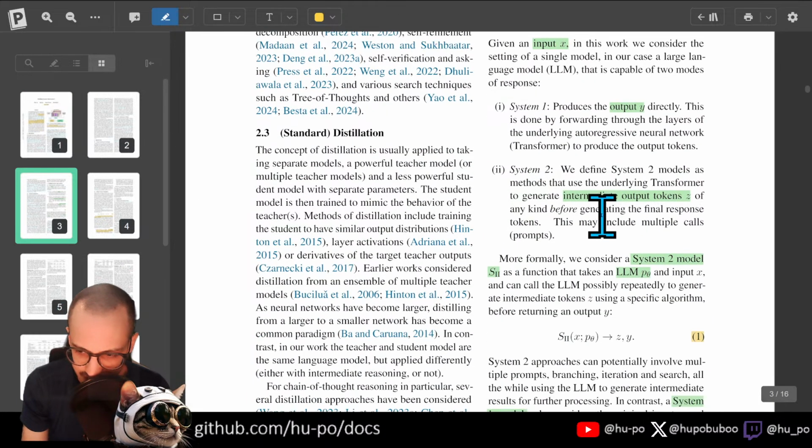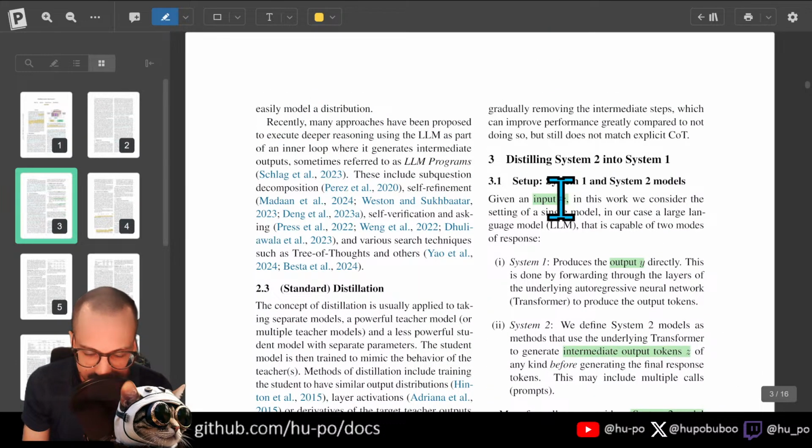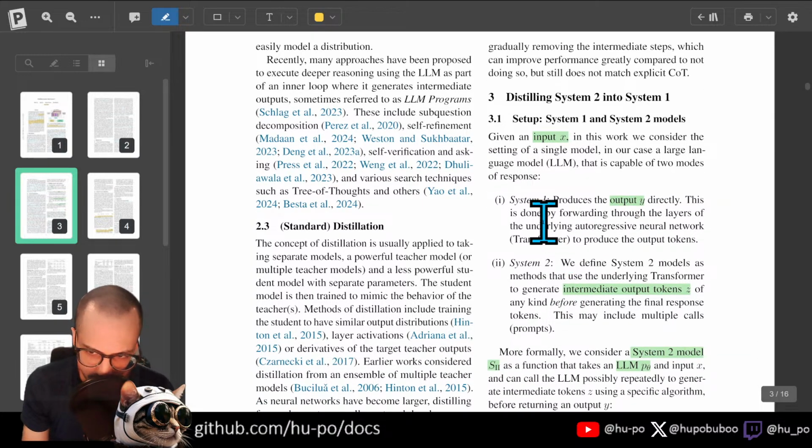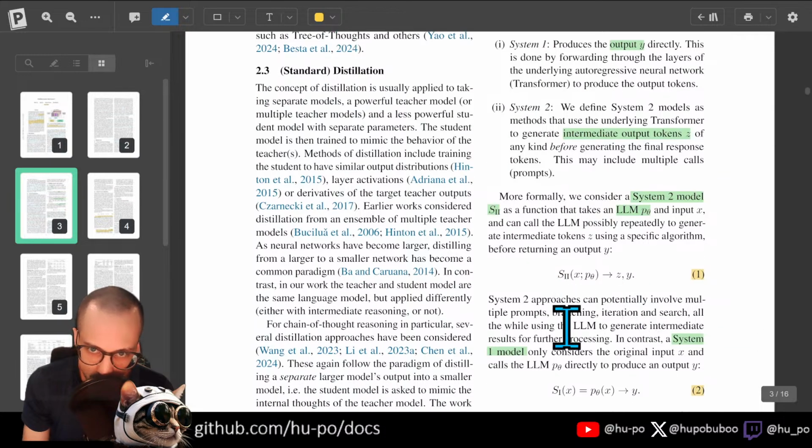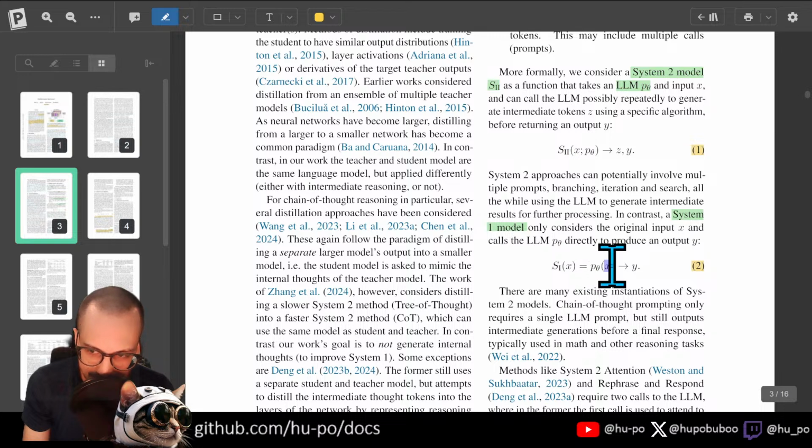It's very simple to write this out in math, and I think it makes it more clear. So you have some input X, some sequence of tokens. You have an output Y, which is some other sequence of tokens. When you're using System 1, it will map directly from X to Y, right?